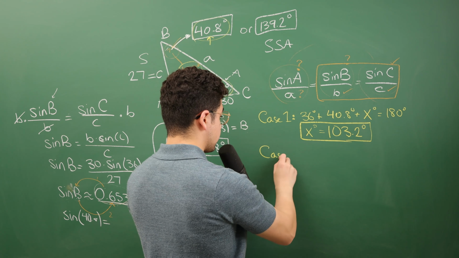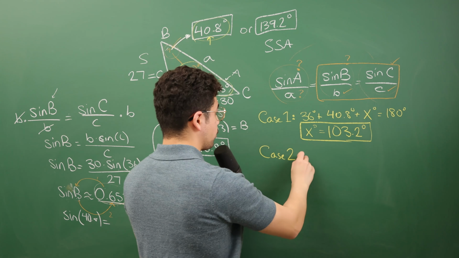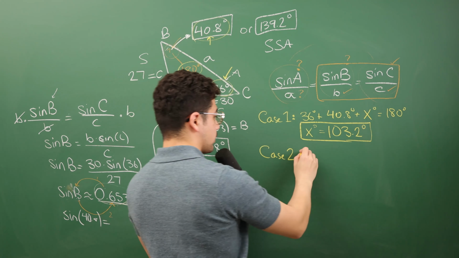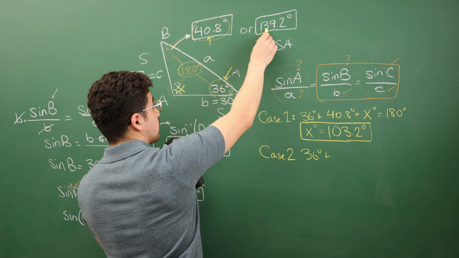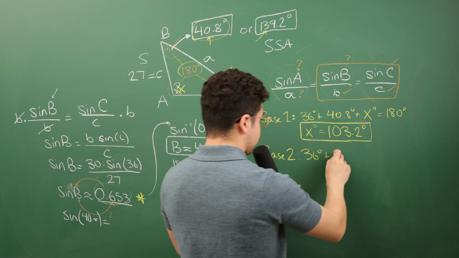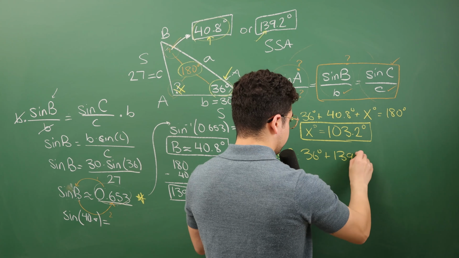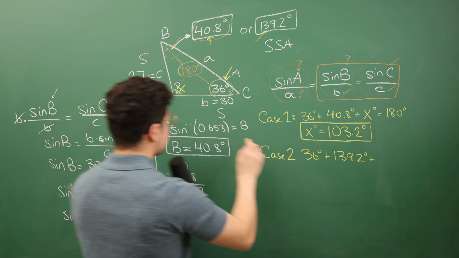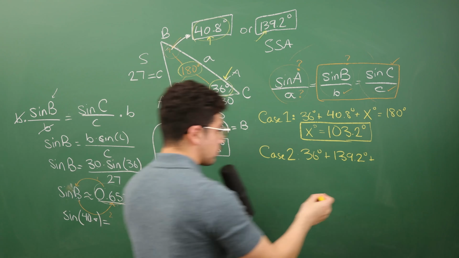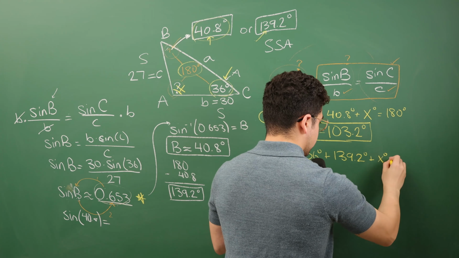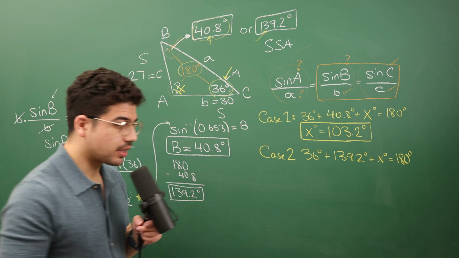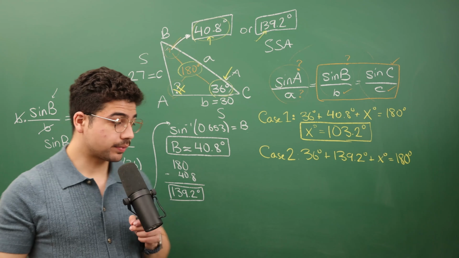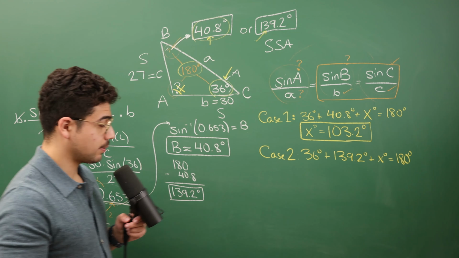Now the second case is if we had still began with the 36 plus now the second possibility, 139.2, plus still this unknown angle measure for angle A has to be equal to 180 degrees. Is there enough angle measure left over? The answer is yes.